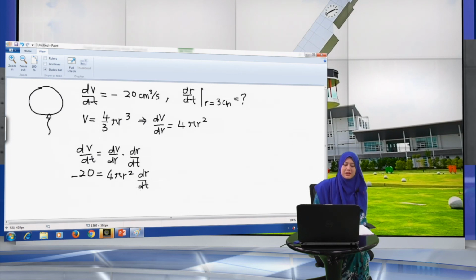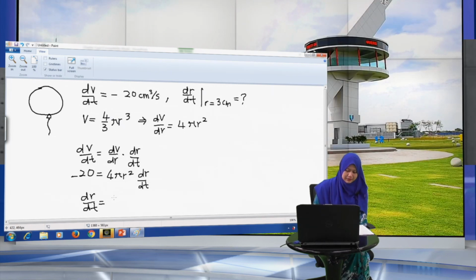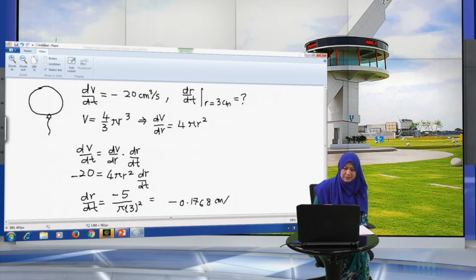From this equation we can find dr/dt, and by putting r equal to 3 we get dr/dt equal to negative 5 over pi r square, substituting r with 3, which is equal to negative 0.1768 centimeter per second.